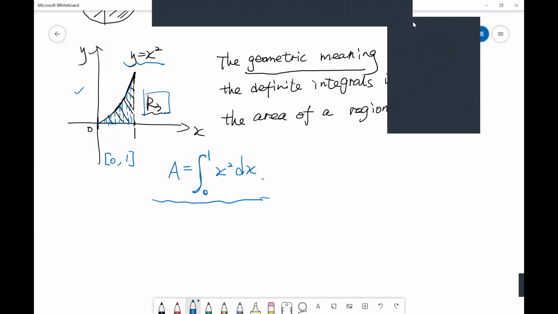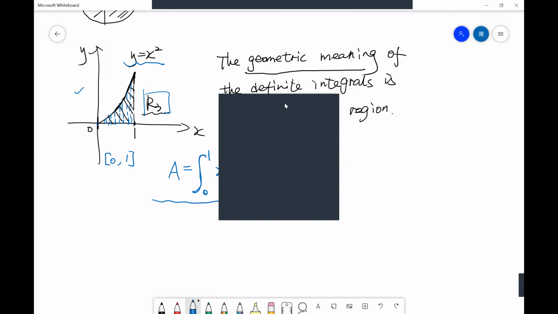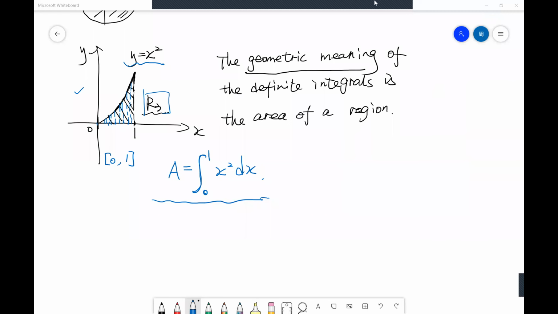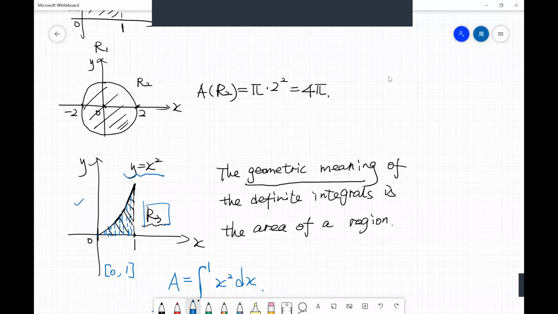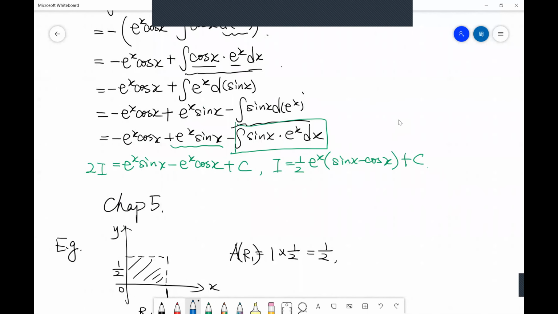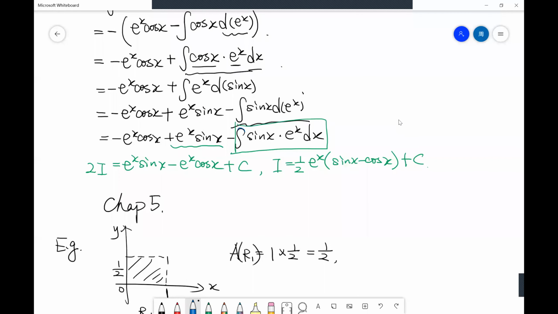Why we call it definite integral? Because as we have learned in indefinite integral, for example, here we only have the integral sign, right? And we have to add C here. That means the result of indefinite integral should be a huge family of expressions, right?